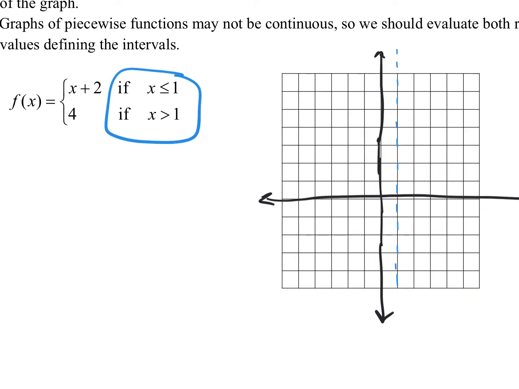So when we're less than or equal to 1, let's use green. This is the rule we follow, x plus 2. That's a linear function, slope of 1, a y-intercept of 2. So that function would look like this.